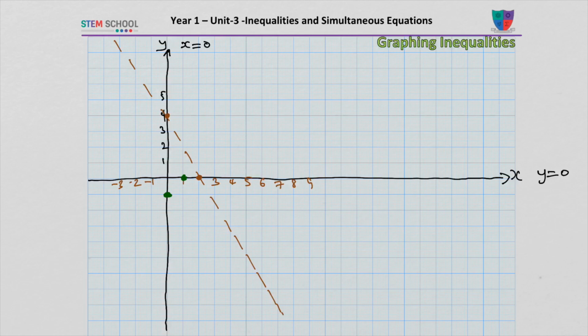So to sketch that line, it's going to go through those points that we're looking at.